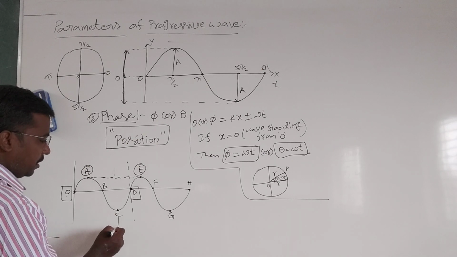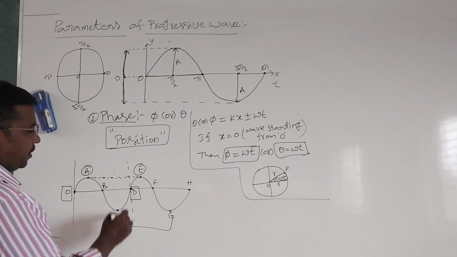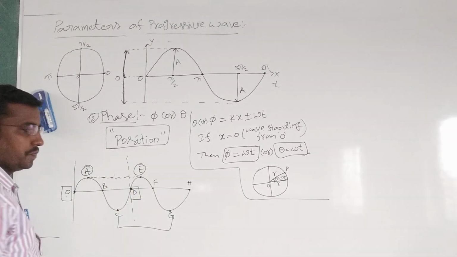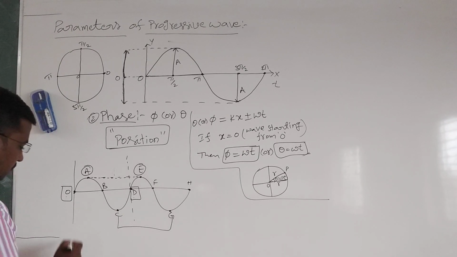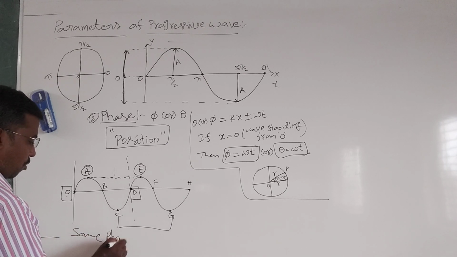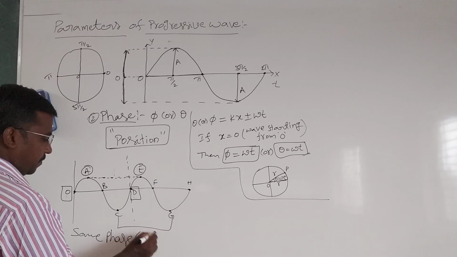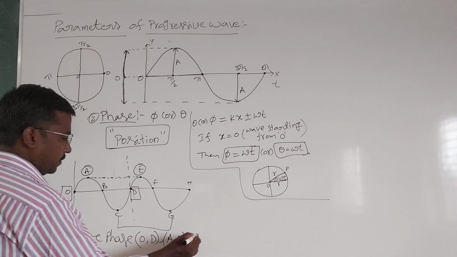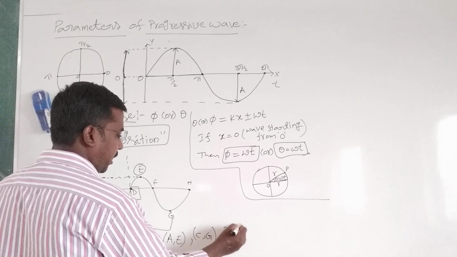Similarly, C and G are also in same phase, and next D and H are also in same phase. So same phase points we can write O comma D, A comma E, and C comma G, and D comma H.